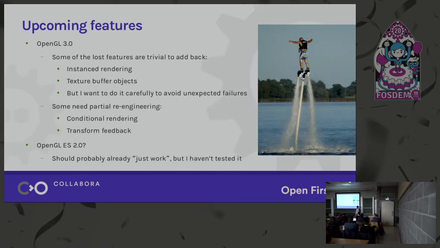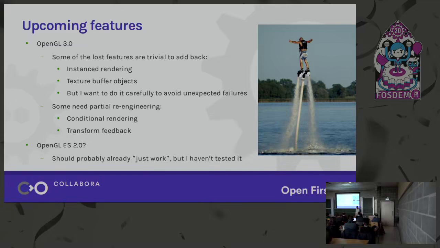Yeah, so some about the stuff I'm working on. Next on my kind of to-do list here is crossing off OpenGL 3.0 again. These slides are out of date already, because I added back instance rendering and texture buffer objects over the weekend. Or not over the weekend, but the last couple of days.